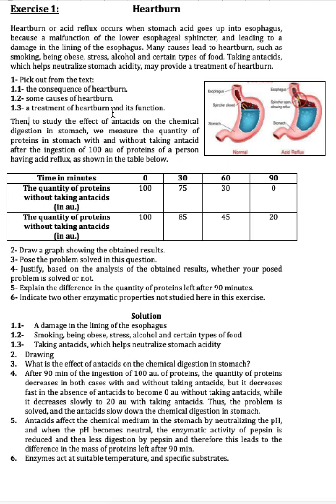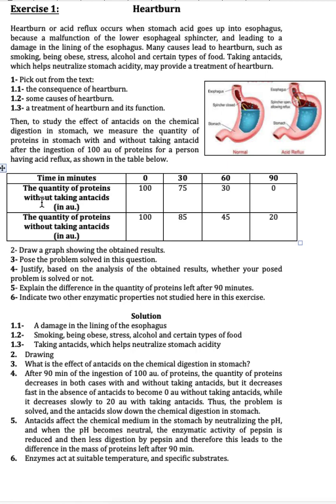Then, to study the effect of antacids on the chemical digestion in stomach, we measure the quantity of proteins in stomach with and without taking antacid after the ingestion of 100 AU of proteins for a person having acid reflux, as shown in the table below.